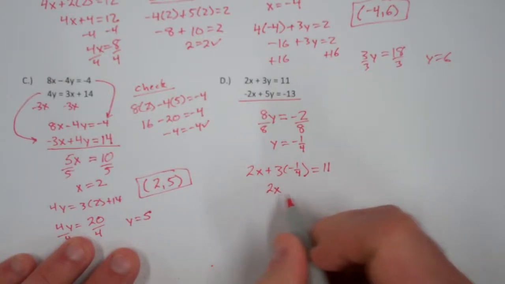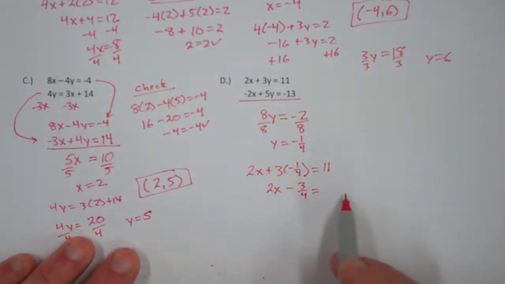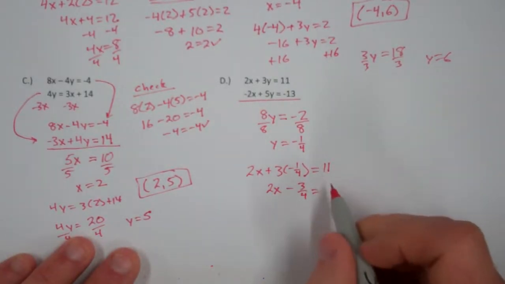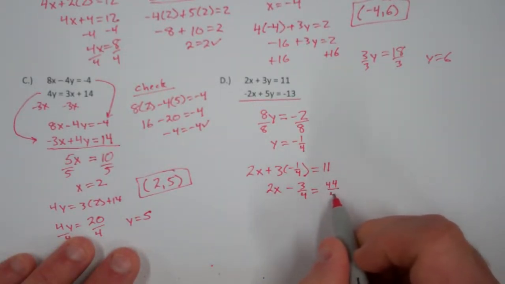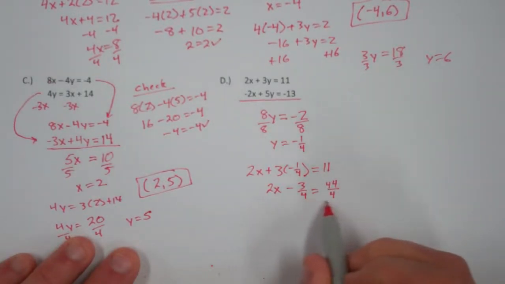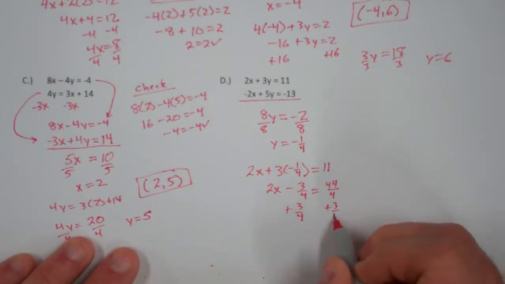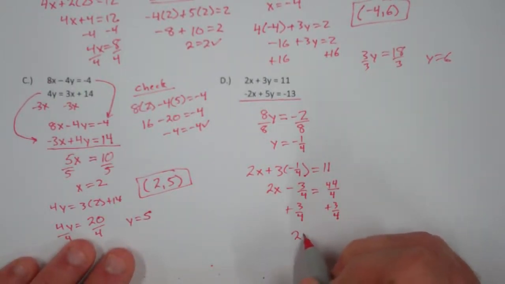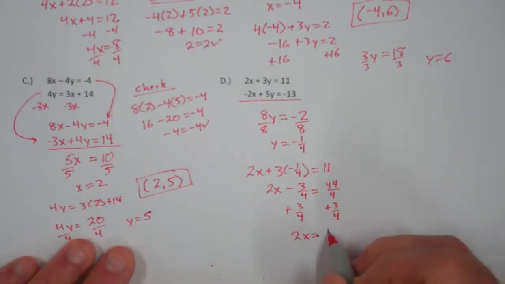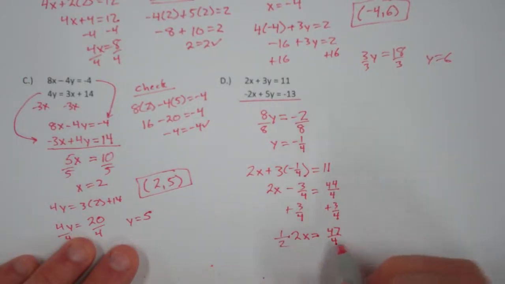So we've got 2x minus 3/4 is equal to, and I know I'm going to have to add 3/4 here, so I'm going to change that 11 into 44 over 4. 44 divided by 4 is 11. I'm looking for this common denominator right there. So we've got add 3/4 to each side, then we're going to have 2x is equal to 47. 3 and 44 is 47 over 4. And I'm going to multiply this by 1/2.